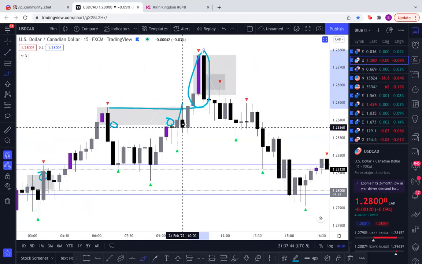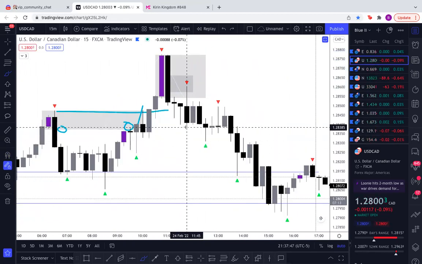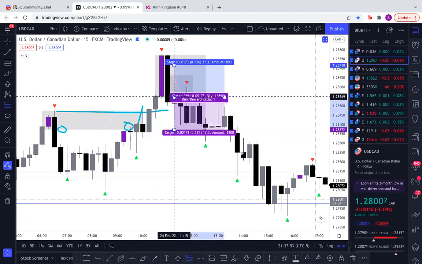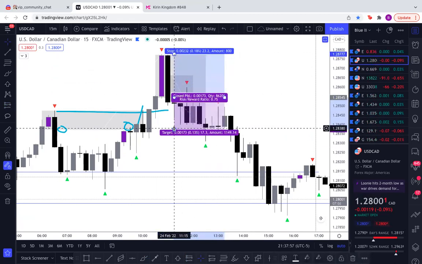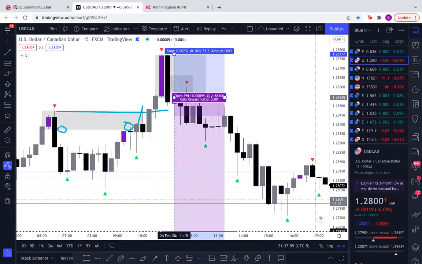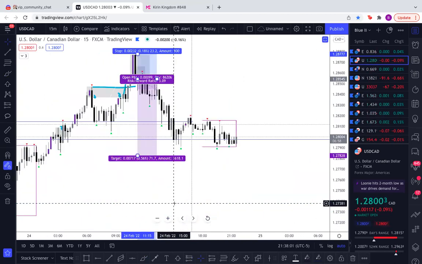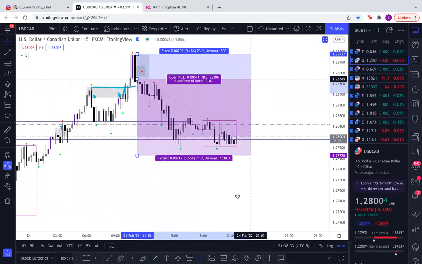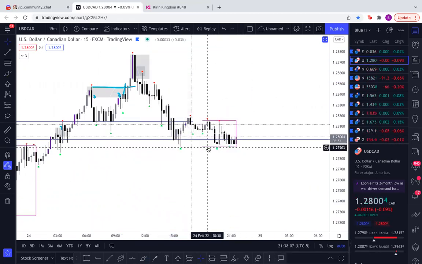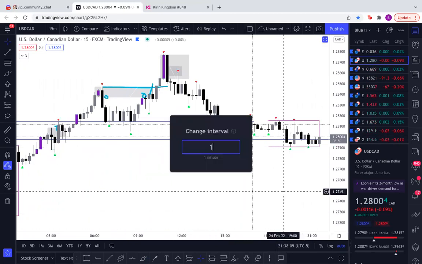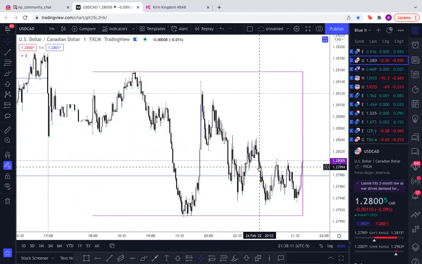There is no reason to say that we shouldn't take this based off of the 15-minute criteria. We would have tapped in right here, and we would have achieved our 1 to 3, I believe. Oh, not yet. We wouldn't even have achieved our 1 to 3 yet. So we'd still be holding this trade, hoping that we're going to grab that 1 to 3. But that's why we have those 1-minute refinements.